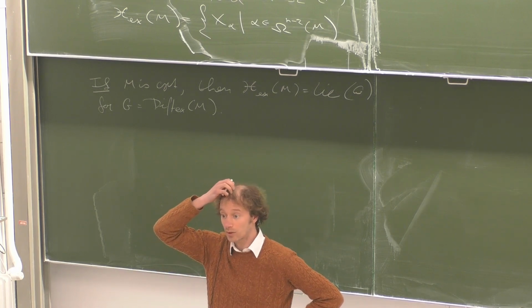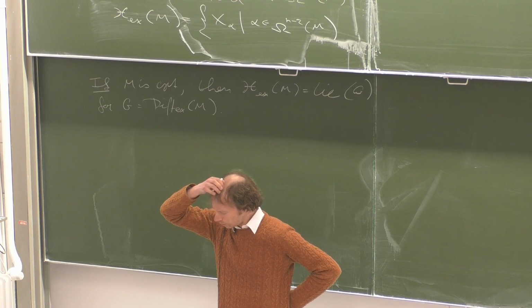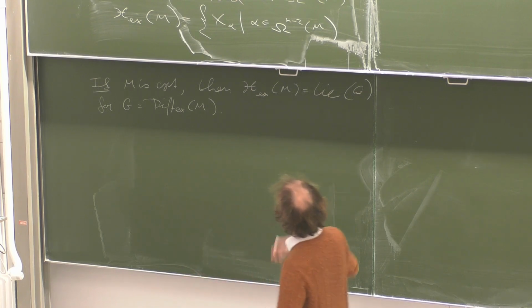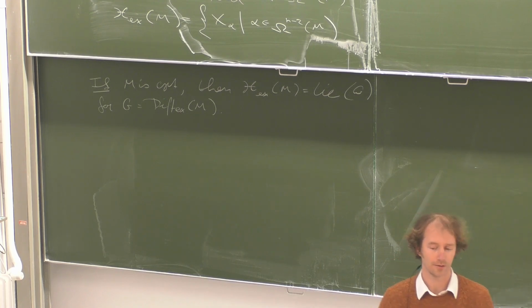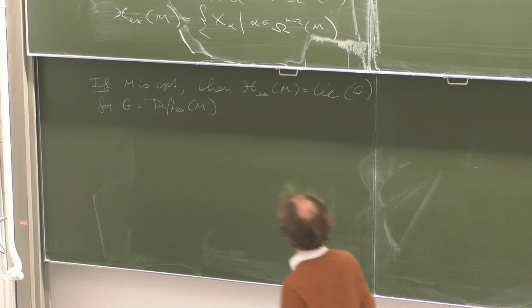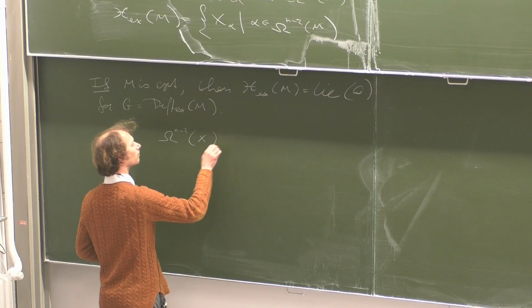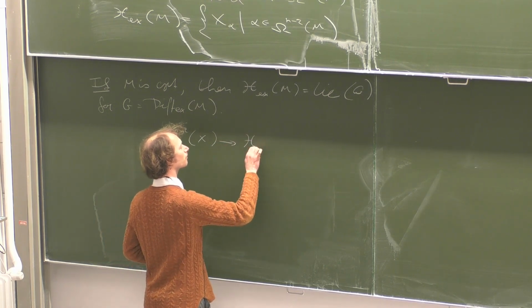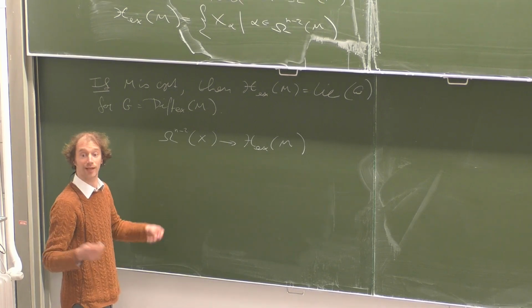So let me continue for the Lie algebra case. From the definition, you see that every such exact volume preserving vector field comes from a potential, right? So there's a map, and it's surjective by definition.